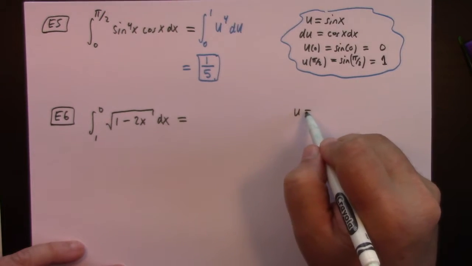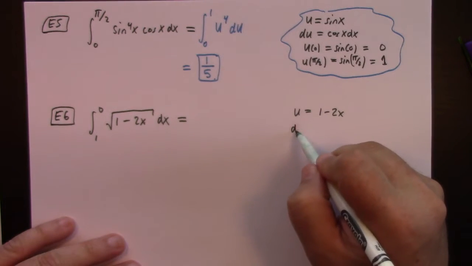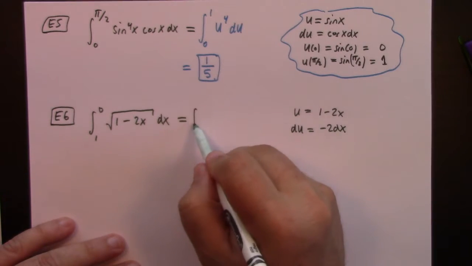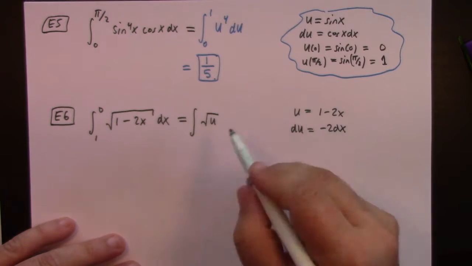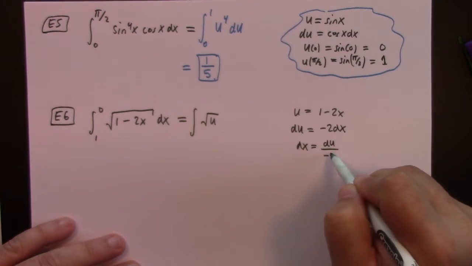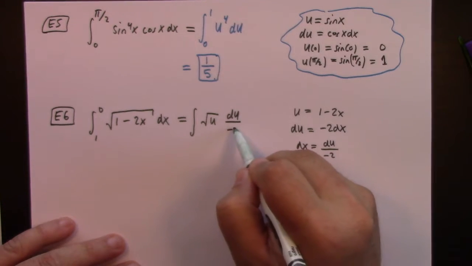I'm going to let u equal 1 minus 2x. In so doing, I get du is minus 2 dx, right? So this is going to be the integral of the square root of u, and you're solving for dx. I get dx is equal to du over minus 2, fine.